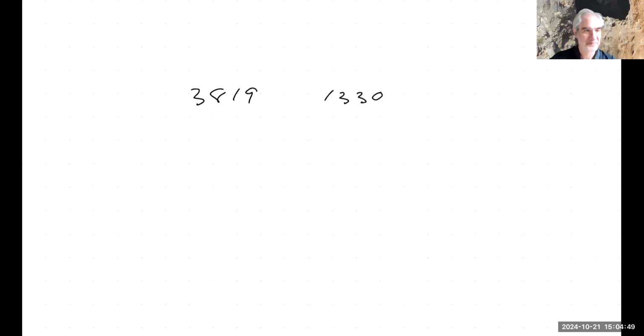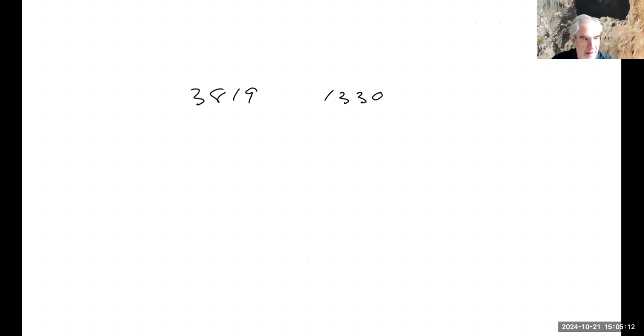Just by looking at these numbers, it's going to be hard to tell what the greatest common divisor is between them. But we can use the Euclidean algorithm to find it. For our first step, we take the bigger number and express it as a multiple of the smaller number plus a remainder.